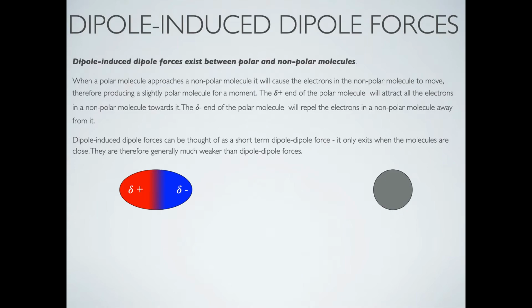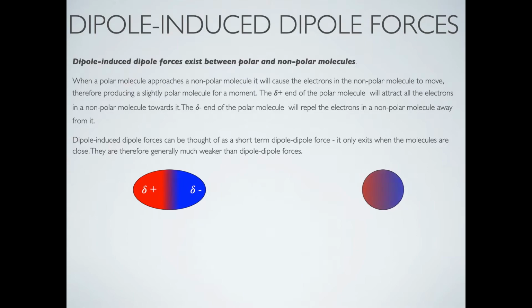So on the left, we've got a permanent polar molecule, okay? It's partial negatives facing this non-polar molecule on the right. And when they get close, the electrons in the non-polar are going to be pushed away, because the partial negative is closer. Let's see what happens in my animation. I think I need to go back.